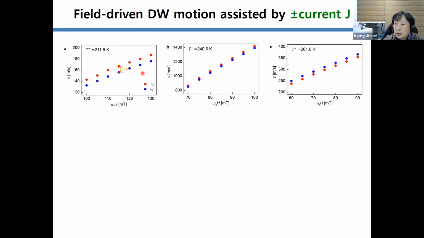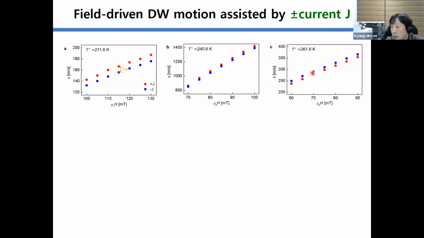So we carried out the experiment at various temperatures with plus current and minus current in the presence of the magnetic field. At 211 K, the plus current shows slightly higher velocity.